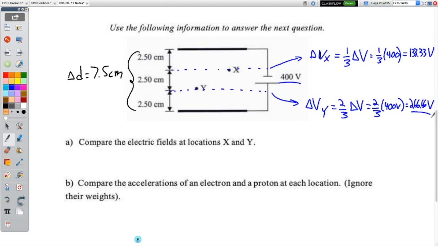Okay, but we have two parallel plates. When we have parallel plates, what do we know about the electric field? This is our positively charged plate, so the electric field points away from it, since I know that's the positive terminal. That is the direction of the electric field, which doesn't super matter for answering this question, but it never hurts to have more information.